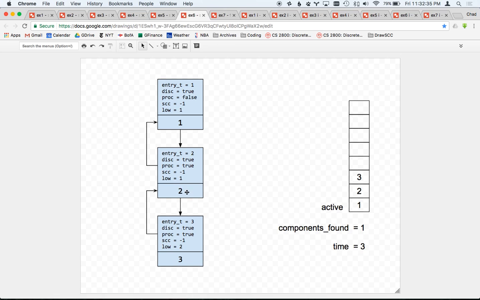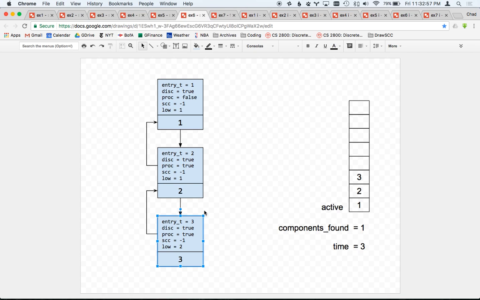Now, how did we know, and this is interesting, how do we know that we can get from any of these vertices after vertex 1 back to any other vertex? Well, we know for sure that we can get from 1 to any vertex in this list.